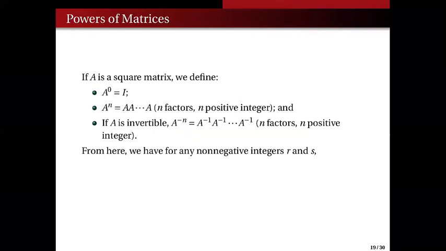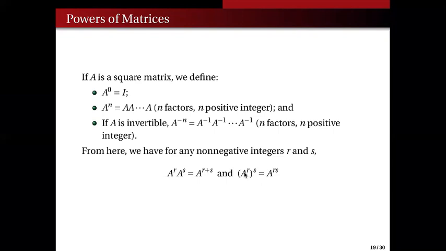And then from here, for any non-negative integers R and S, we can also do this. A to the R times A to the S is the same as A to the power R plus S. Very much the same as the laws of exponents of real numbers.